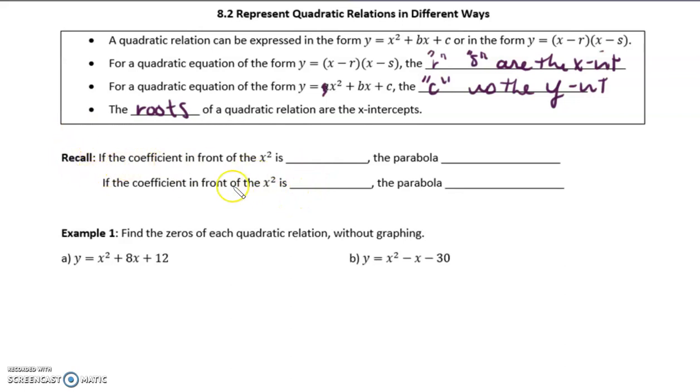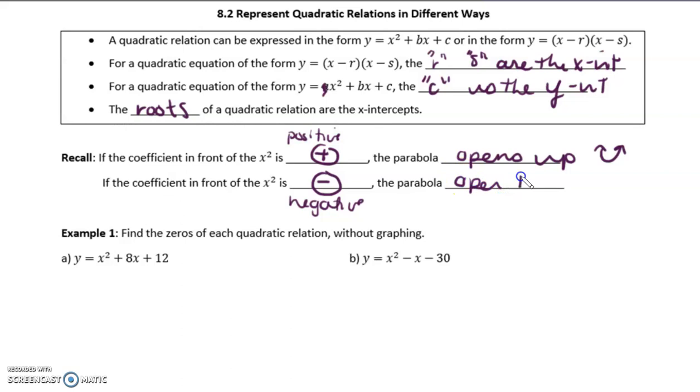If the coefficient of the x squared term is positive, the parabola opens up like a happy face. And if the coefficient of the x squared term is negative, a lot of times I just put a negative sign and circle it, then the parabola opens down, like a sad face.